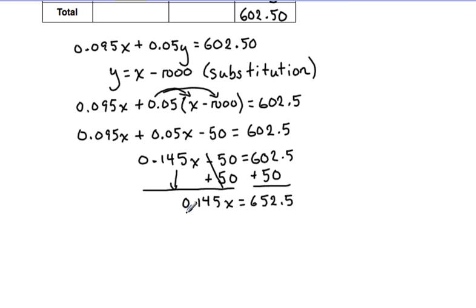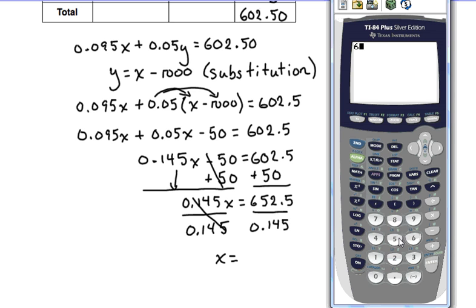Our next step will be to divide both sides of the equation by 0.145. Of course, these are going to divide out to become 1, and we'll now bring up our calculator and type in 652.5 divided by 0.145, and we get 4,500.